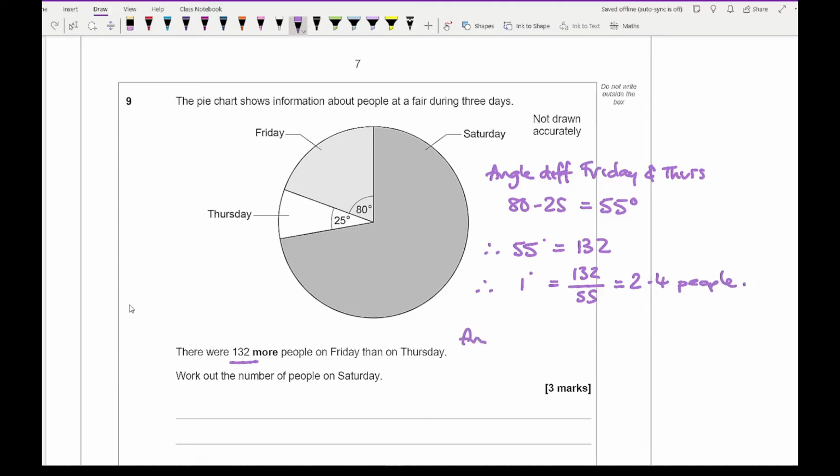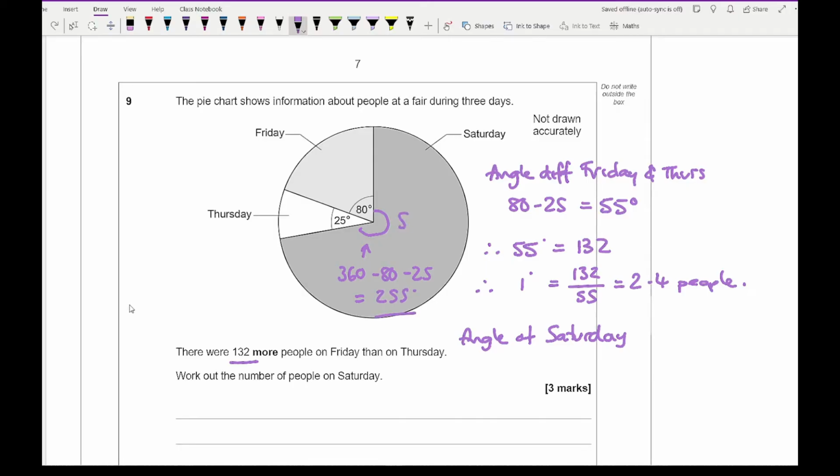Now the angle of Saturday is this angle here, and to work out that angle, all I need to do is 360 minus 80 minus 25, which if I type into the calculator gives me an answer of 255.